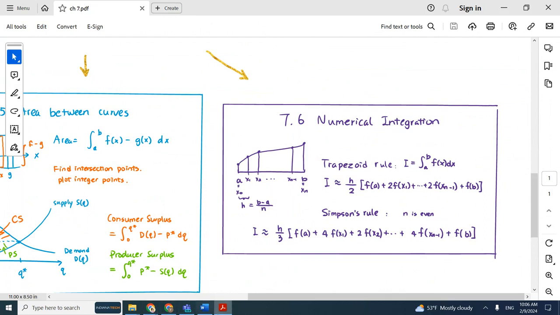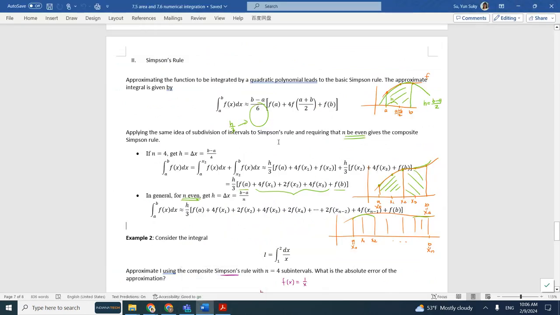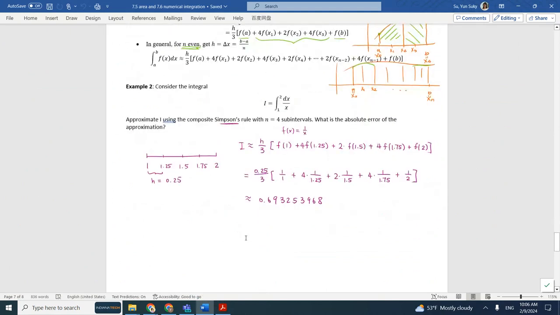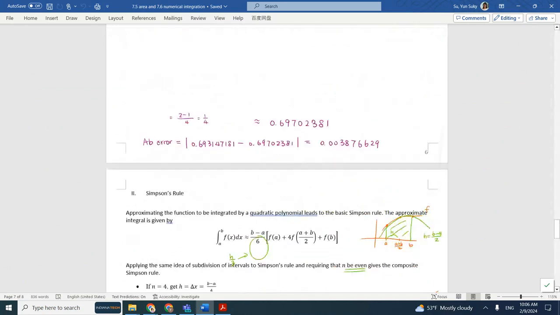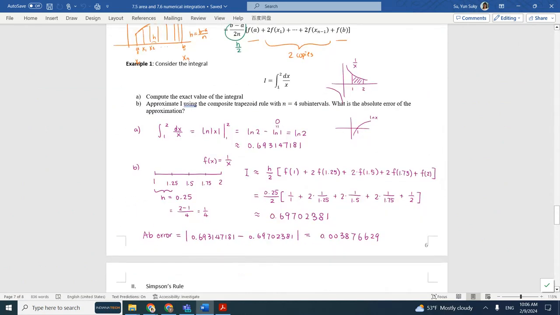So last time we did example 1 and example 2, but we didn't find the absolute error. So let's continue to find the absolute error. This is the same problem as example 1, but in example 1 we used the trapezoid method, and in example 2 we used Simpson's method.